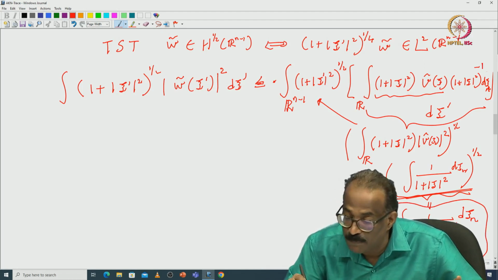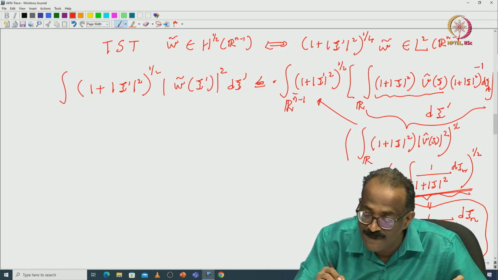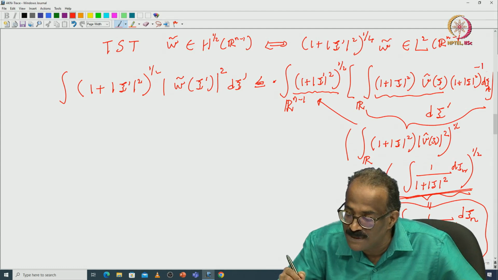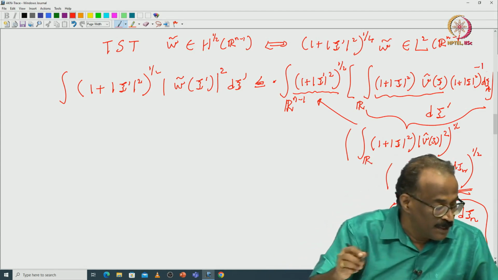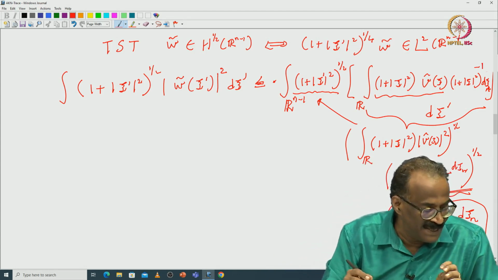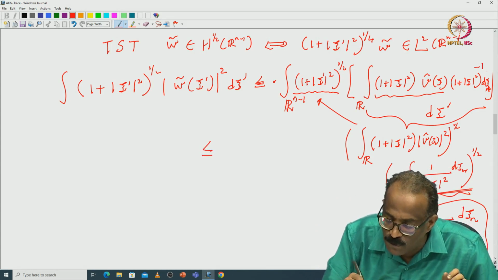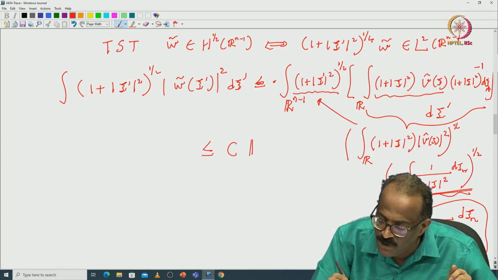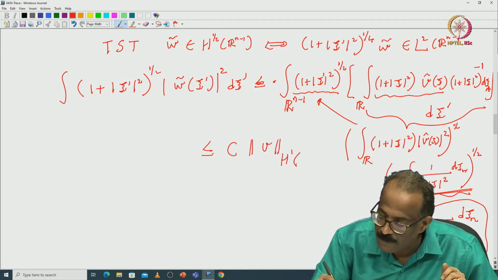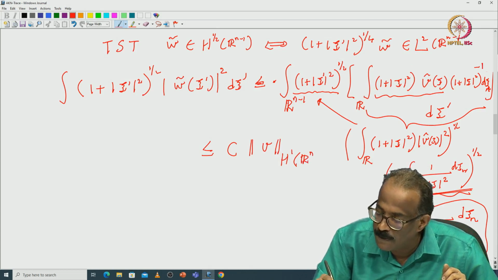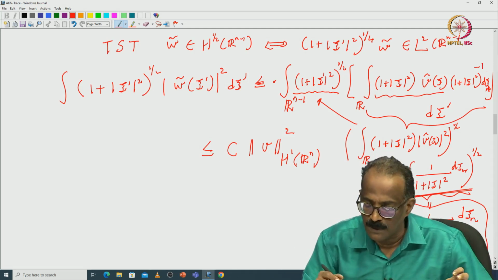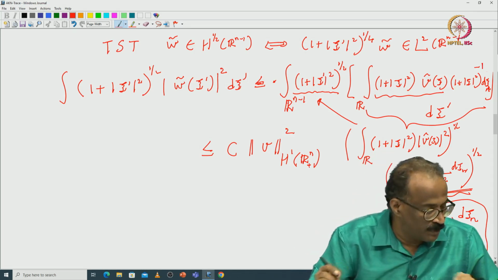Combine that with this, combine that with that, and then combine these two things. What you will get precisely is less than or equal to some constant, that you can calculate exactly, times the norm of V in H1 of Rn plus, squared.